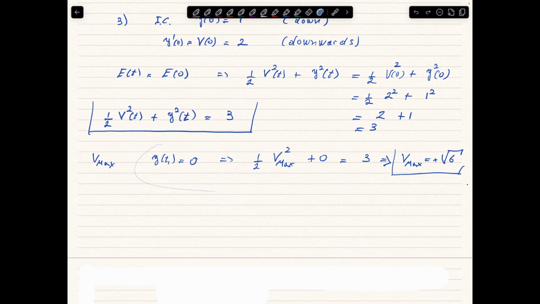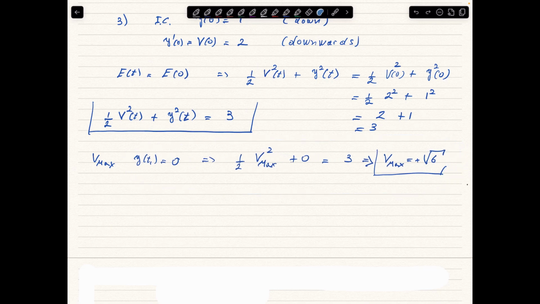This is up. Now we can also do another calculation that is not required in this example: we can also find what the y maximum is. The maximum displacement is going to be when the other term is 0, so when the velocity at that particular time is 0. Isn't it?